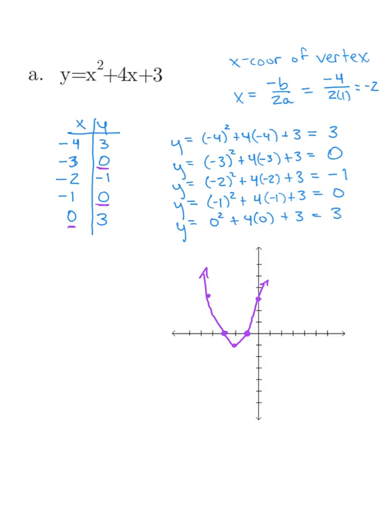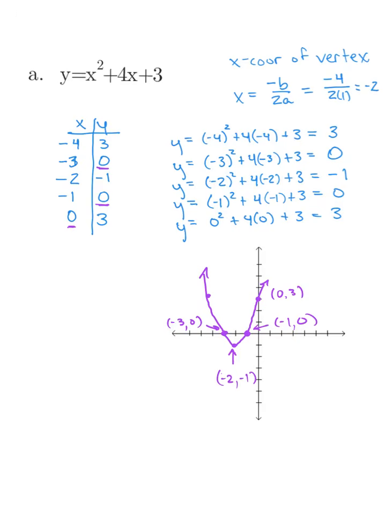This is everything that you need. And of course, on the exam for the final, you do want to go ahead and label each one of your key points, which is going to be the y-intercept, both x-intercepts, if you have to, and the vertex.